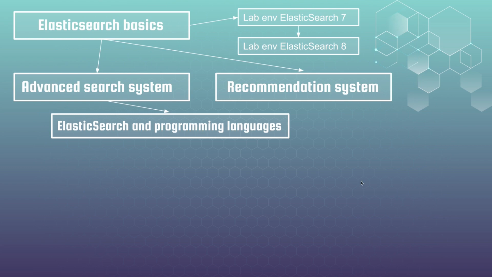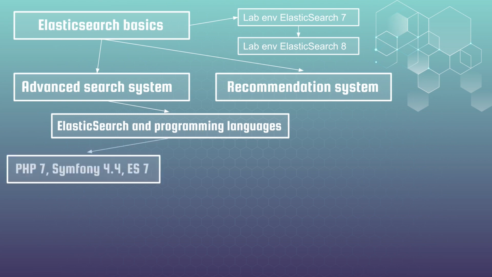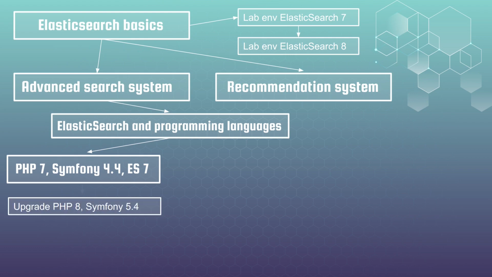In case you are using the PHP programming language, then go to the section PHP plus Symfony plus Elasticsearch and watch all the videos related to the microservice application built upon PHP 7th version, Symfony 4.4 and Elasticsearch 7. Then, if you are interested in PHP 8 or Symfony 5, view the lecture Upgrade to PHP 8 and Symfony 5.4.